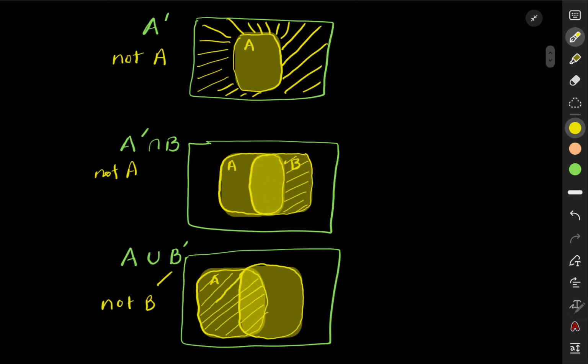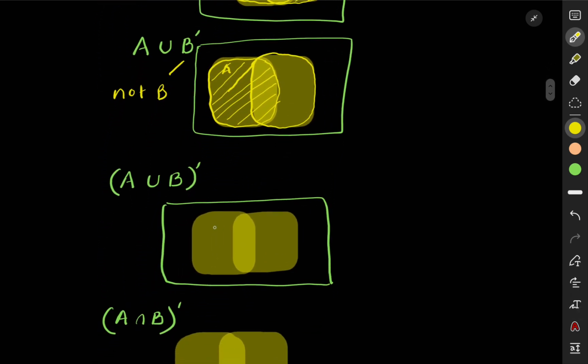So if we say A union B whole complement, we take outside the A union B, that is, we shade only the area which is outside of A union B. So we only shade the region, this one.